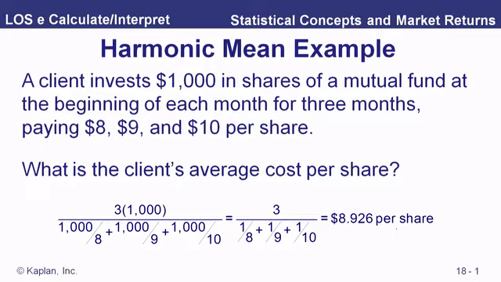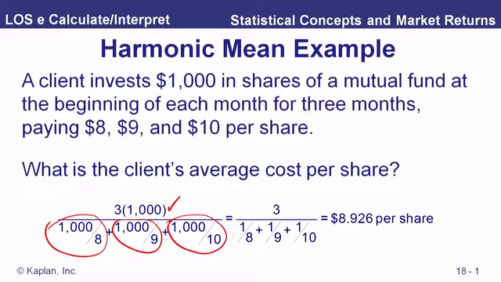Well, what I put first here, rather than that formula, is just how we'd calculate it if we didn't know the formula. We'd say, well, how much did we invest? We invested $3,000 over 3 months. How many shares did we get? Well, the first month, we got this many shares, 1,000 divided by 8. The second month, we bought this many shares, and the third month, we bought this many shares.